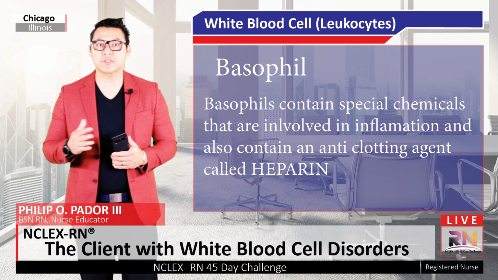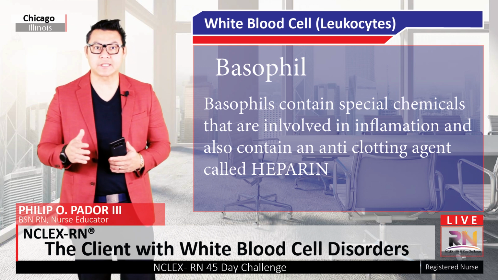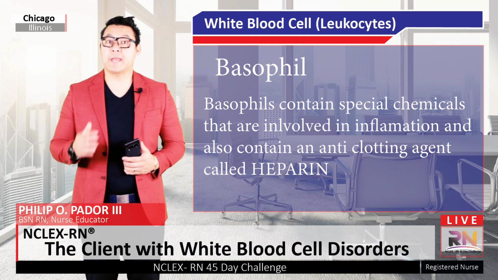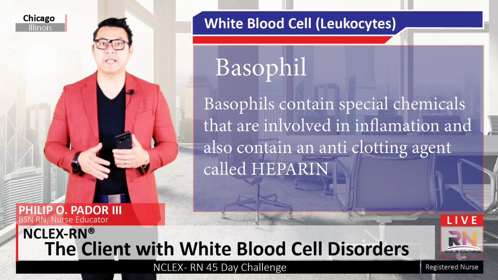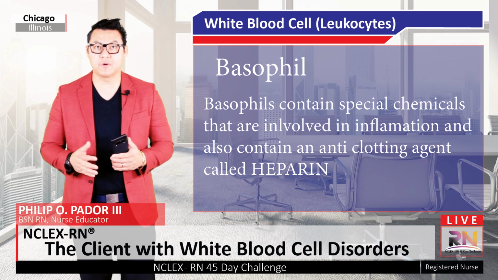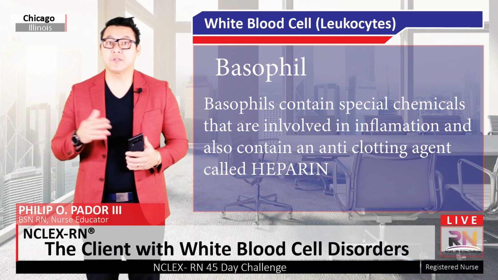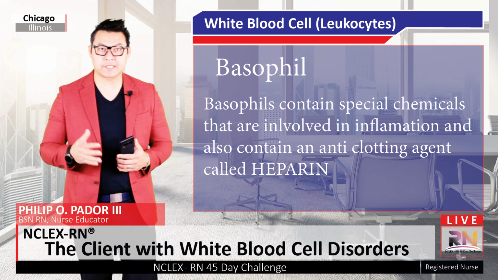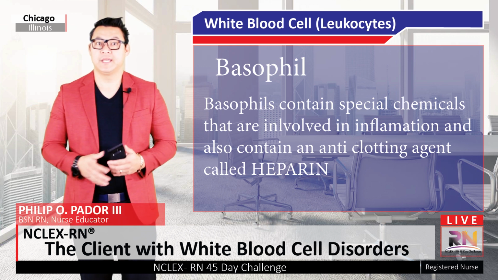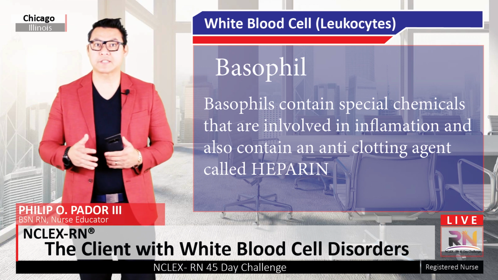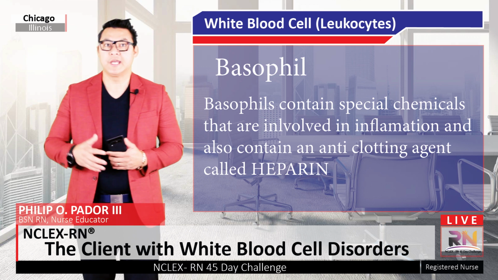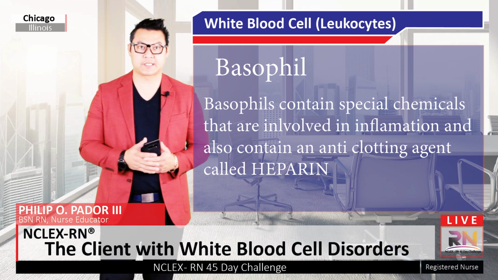Our basophils also contain an anti-clotting agent known as heparin. And heparin is very important for maintaining a continuous flow of blood in our blood vessels. So we see that granulocytes are not only involved in the process of inflammation, they are also involved in protecting us from parasitic infections.